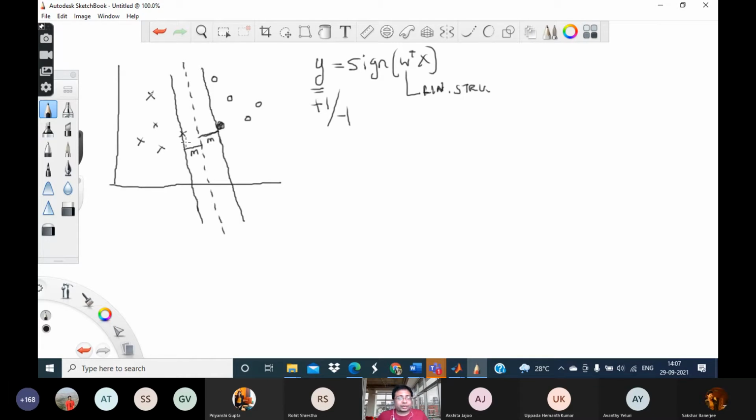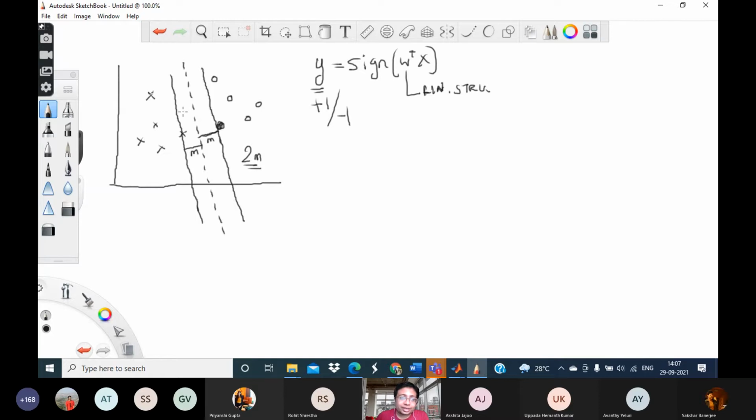So the total margin of the data set with respect to this particular classifier is given by 2m. Now what did we want to do? We decided that it is in our best interest to choose such a hyperplane classifier for which this margin is as large as possible.